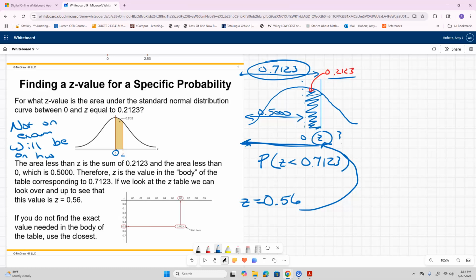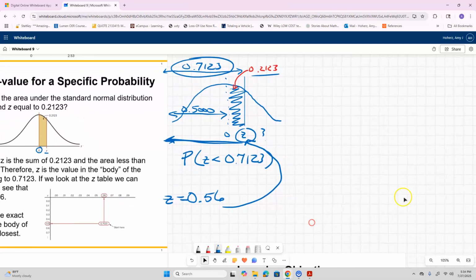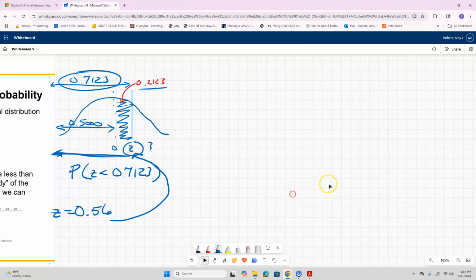So here's our example of that. Let me do one more of these because I just don't feel like that's quite enough. Let's say they said you have an area and we want to know, we have a z value, and this area right here is 0.3588.